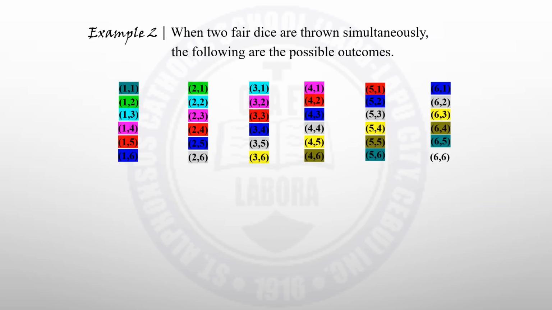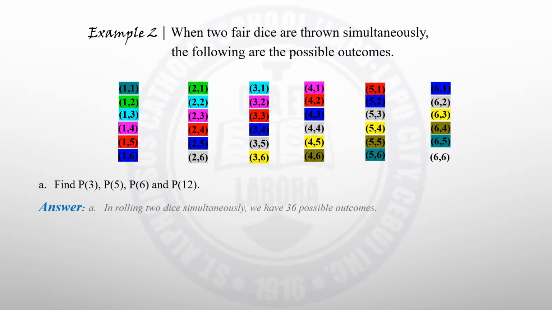So we will use this example number 2 to find the probability of the random variable with the possible values of 3, 5, 6, and 12 as the sum of the two fair dice being thrown. So, the solution: in rolling two dice simultaneously, we have 36 possible outcomes.